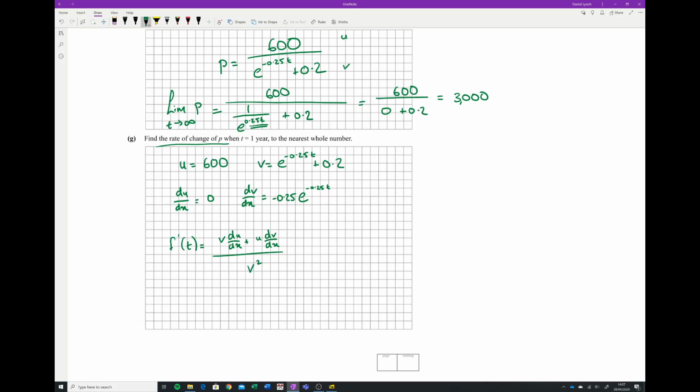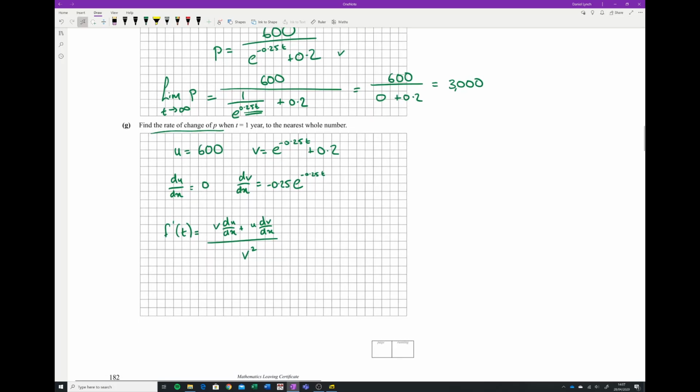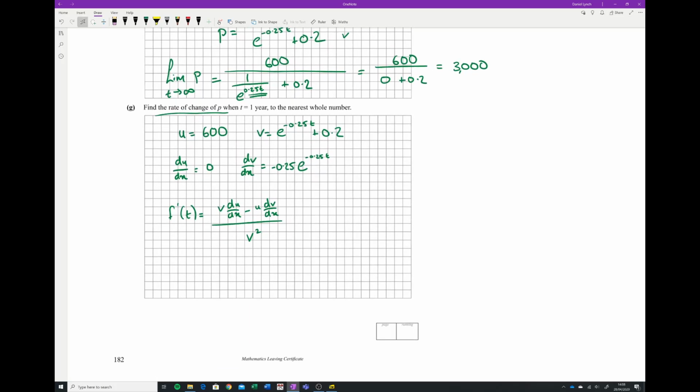Now it has been a while, so I suspect I'm having a moment of, am I remembering this off the top of my head? I think it might be subtraction. Yeah, I'm going to say that it is. I don't have my tables book to hand. It is of course in there, but I'm pretty sure it is that.